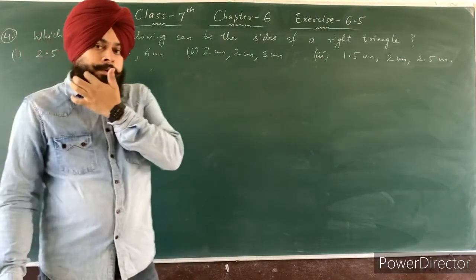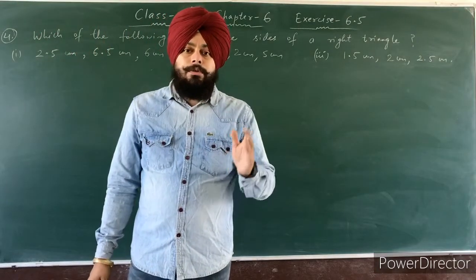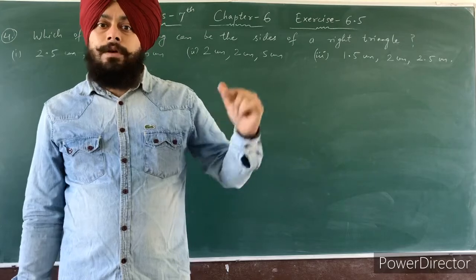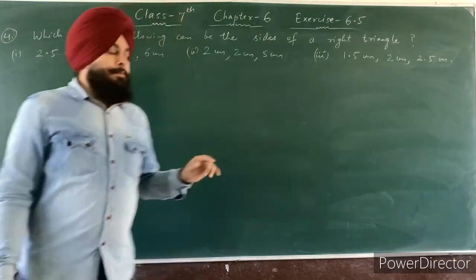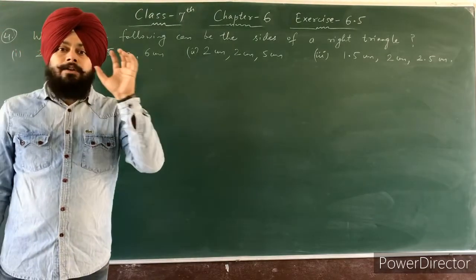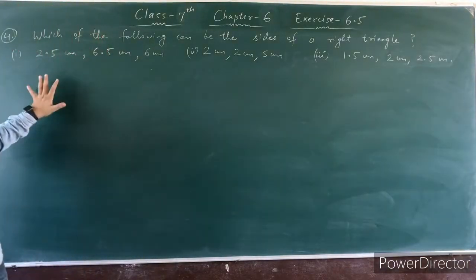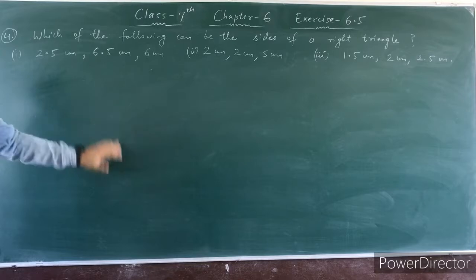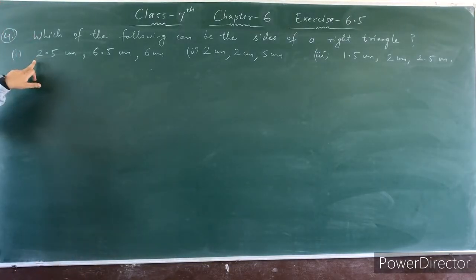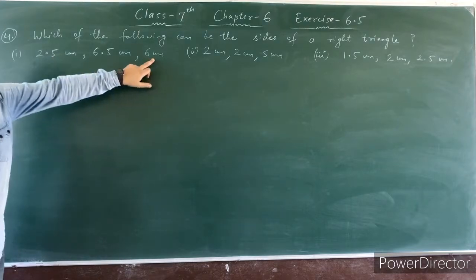If the square of the hypotenuse is equal to the sum of the squares of the other two sides, then these sides are of a right angle triangle. If the Pythagoras property holds here, then these given sides are of a right angle triangle. Otherwise, not. So first, of these 3 sides, which one is largest?